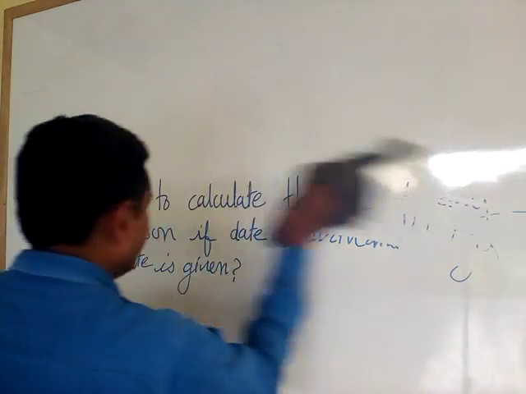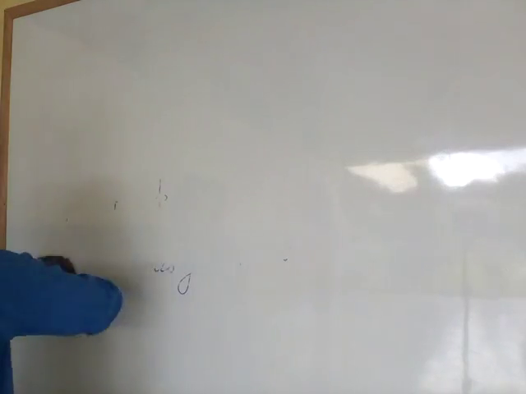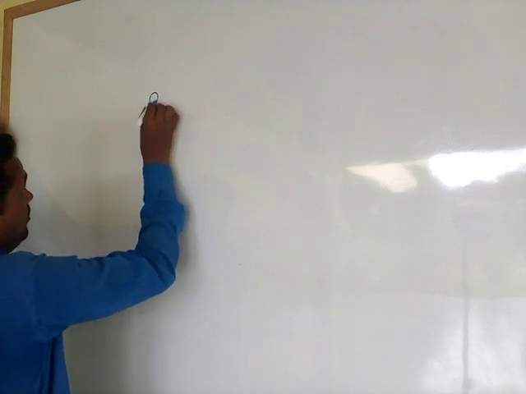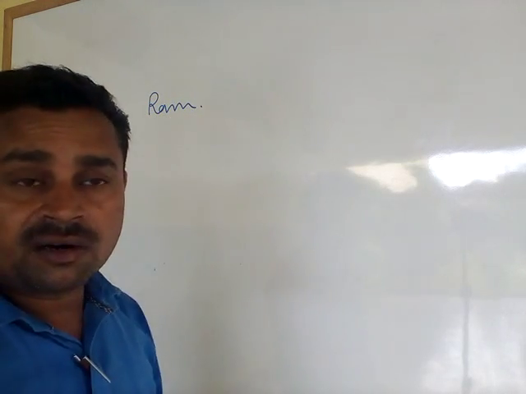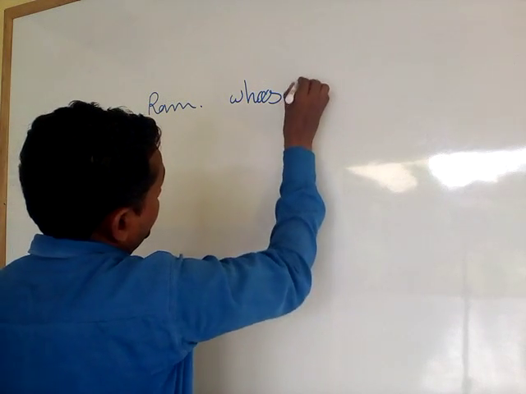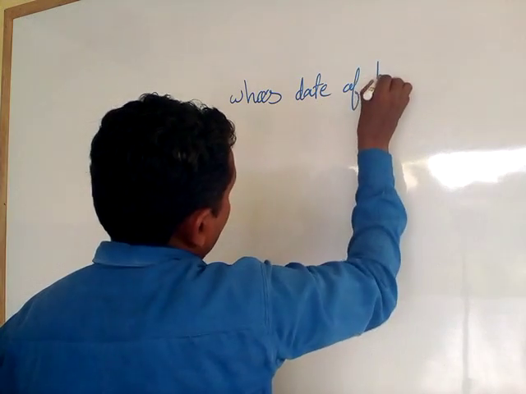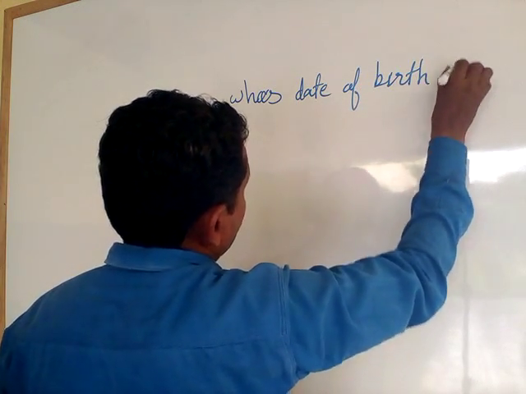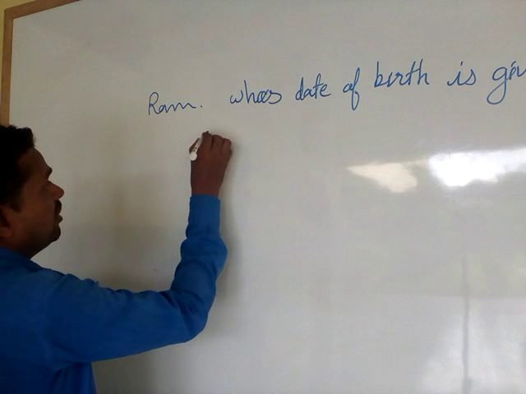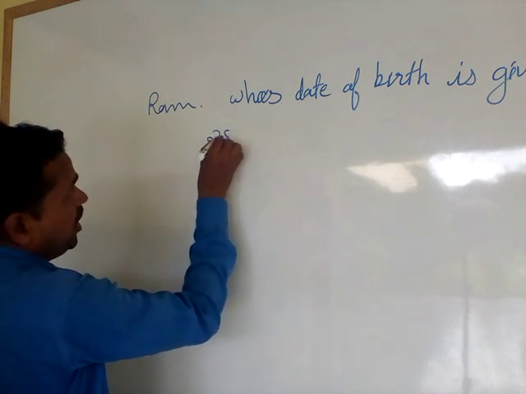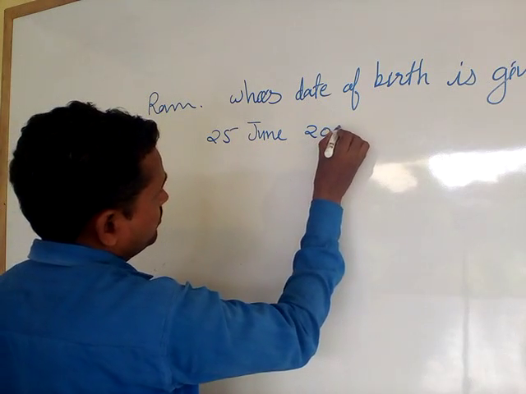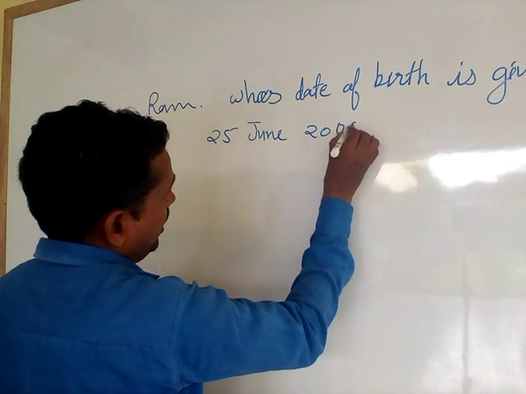Suppose there is Ram, whose date of birth is given as 25 June 2005.